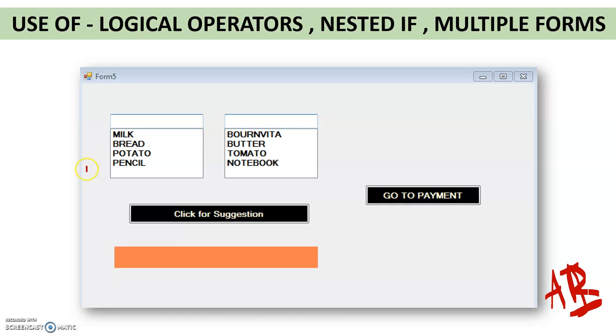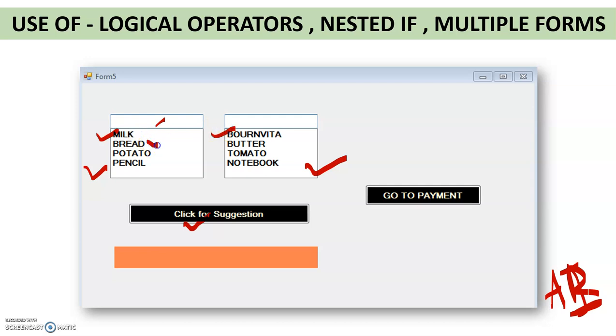Here we have two list boxes. In one list box I have certain items. For example, if I select milk, then I can click on this button, click for suggestion, and my system will give me a suggestion: because I have selected milk, you can go for Bonvita.